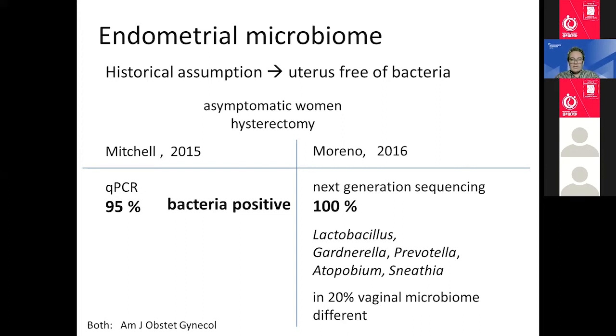It seems to be much more difficult to do bacterial cultures from endometrium, and there are also some more recent papers and reports I've heard at conferences which say it's absolutely impossible to culture bacteria from endometrium. So I think this discussion is still open.